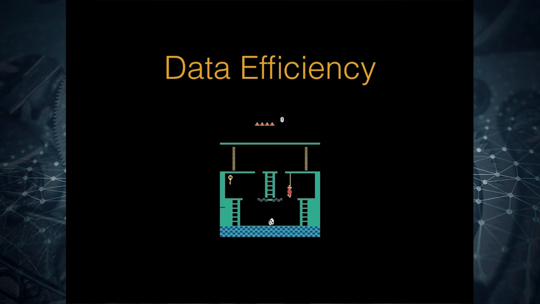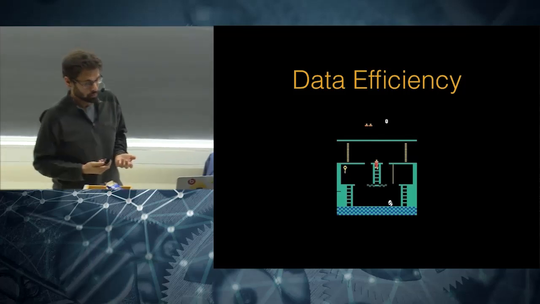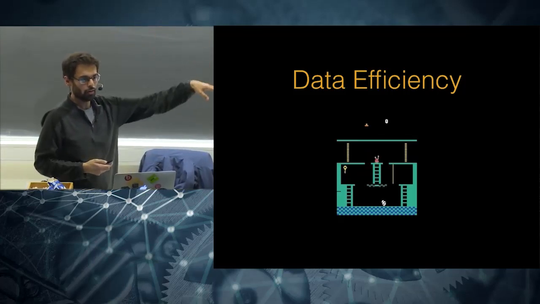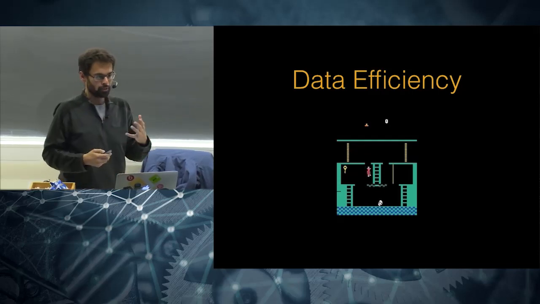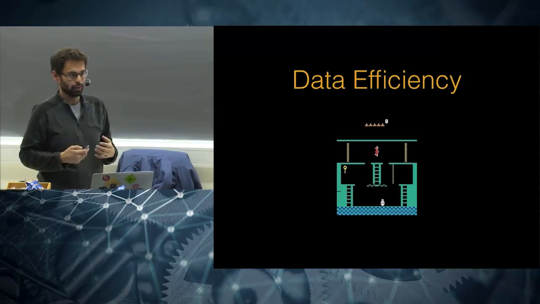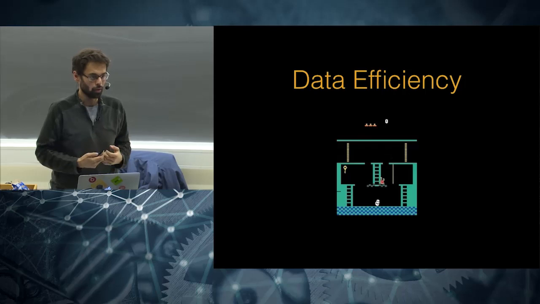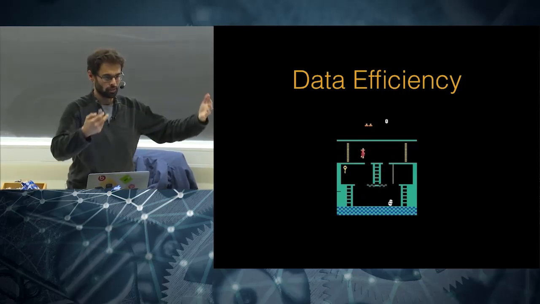Deep RL especially requires a lot of data to make any progress because the rewards are really, really sparse. The methods that I talked about so far, we've gone very far in throughput, getting a lot of data and using it, but we are still quite far away from using the data more efficiently.